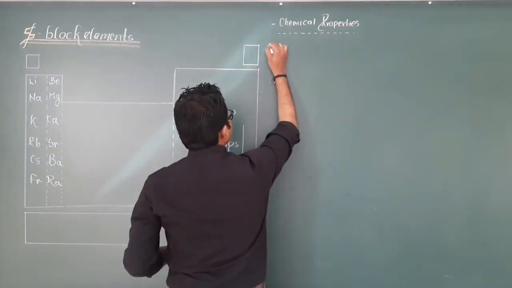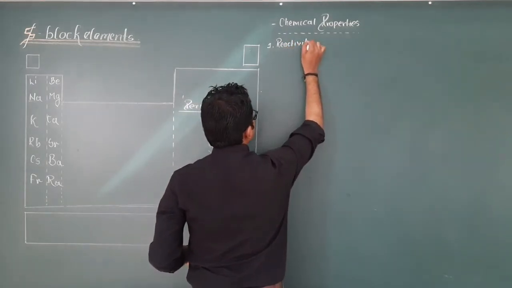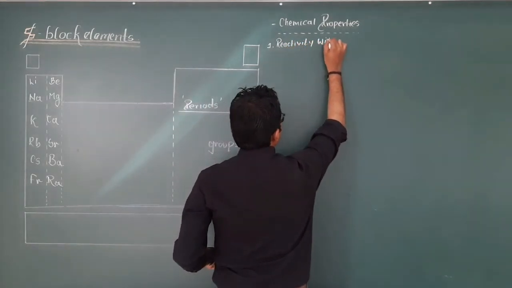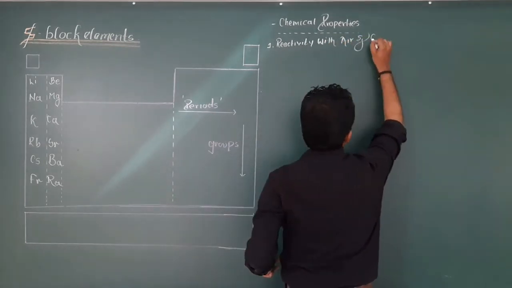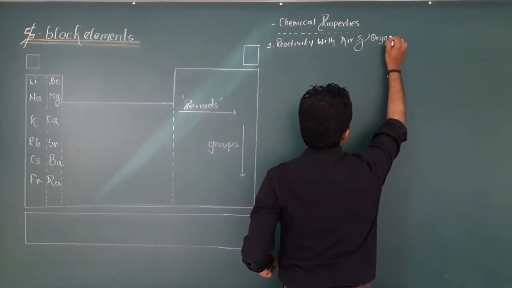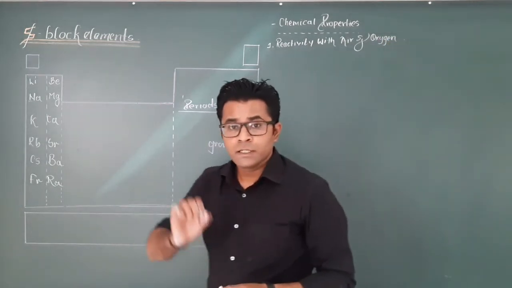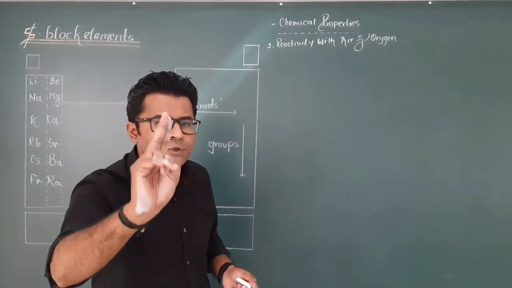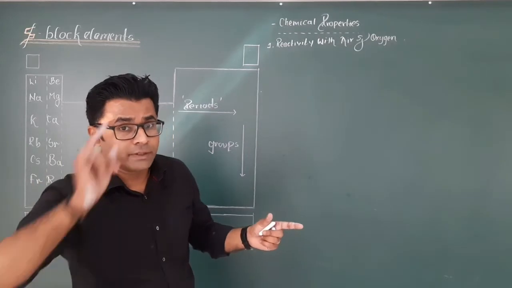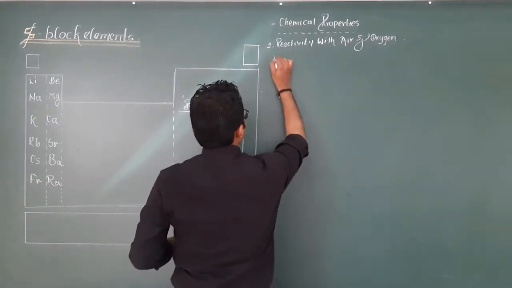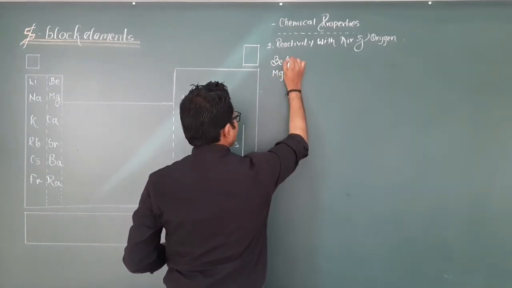So, the first one is the reactivity with air and oxygen. First, let's speak about the two elements which show an extremely diverse type of reaction, and that is beryllium and magnesium.